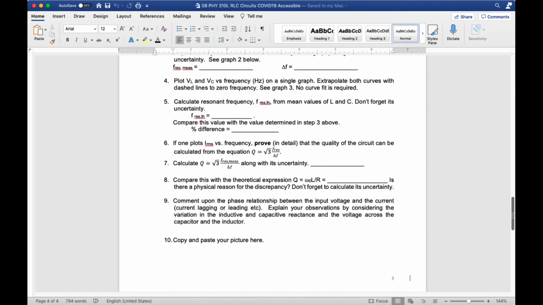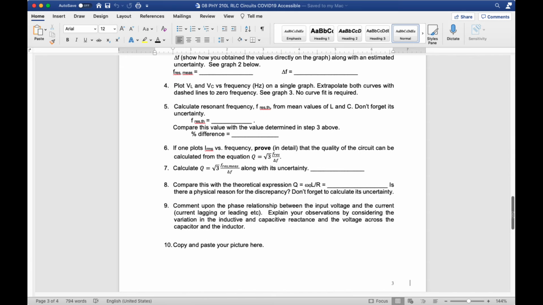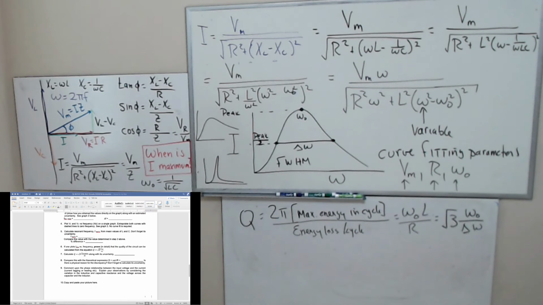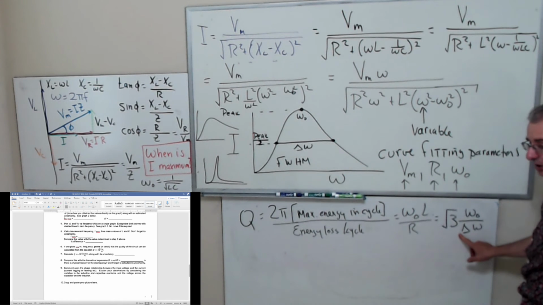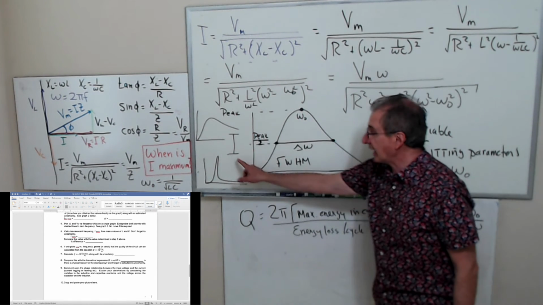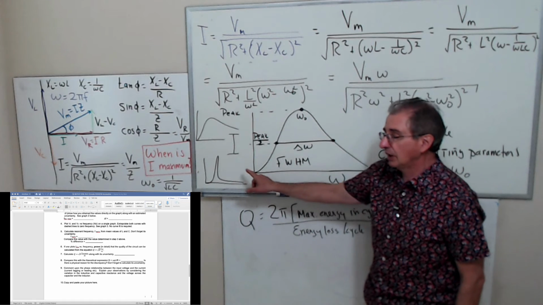So I have three videos. One shows you where this equation comes from. And that square root of 3 is important, because the square root of 3 is there since I'm plotting I versus omega.